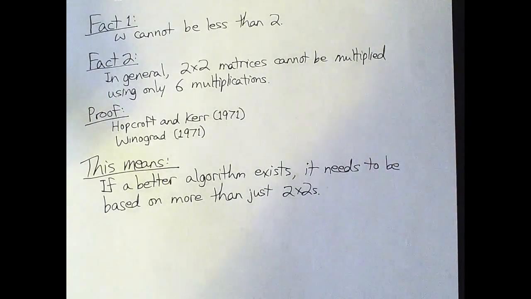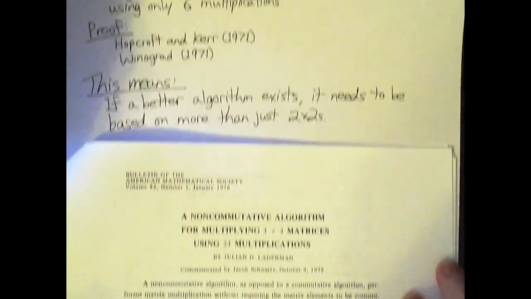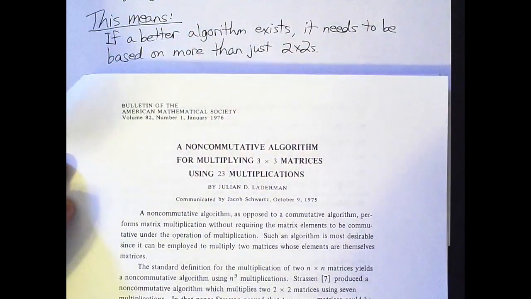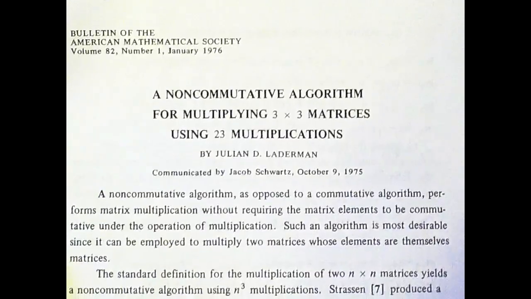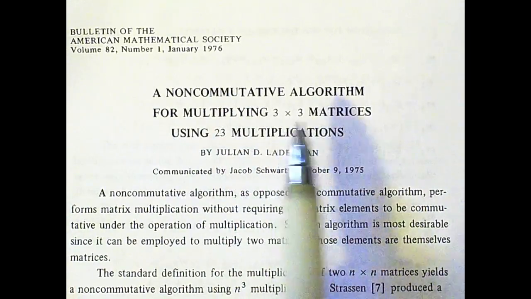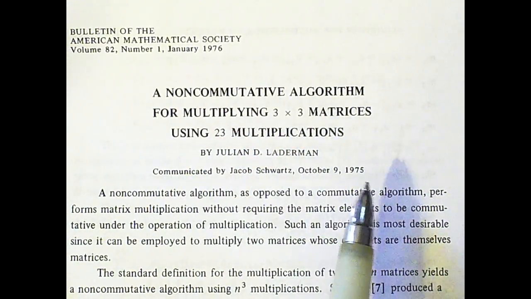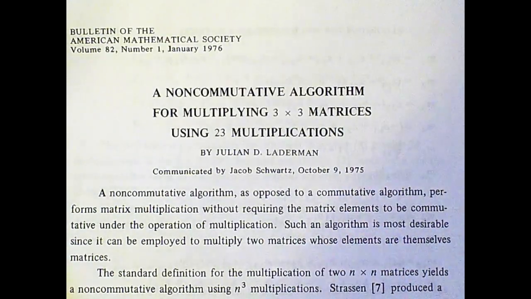And this leads us to another published paper, from 1975 by Julian Laderman, an algorithm for multiplying 3x3 matrices using 23 multiplications. All right, so you're starting to see the timeline of history here, where Strassen's thing was 1968.